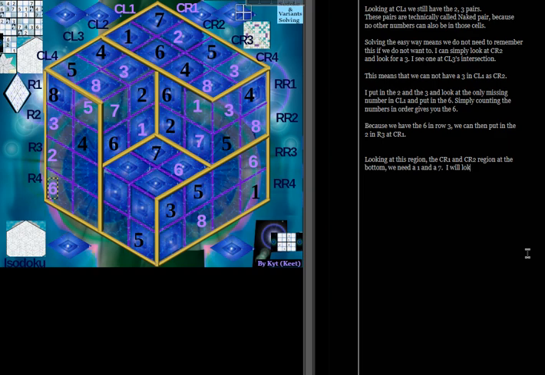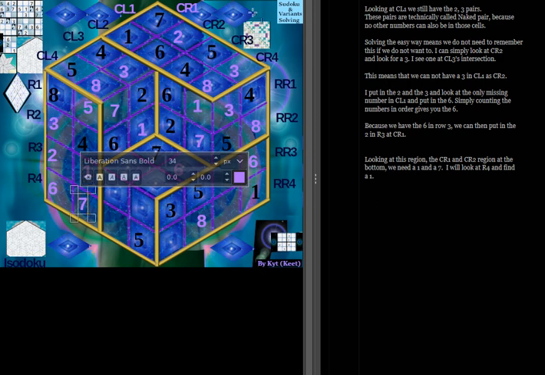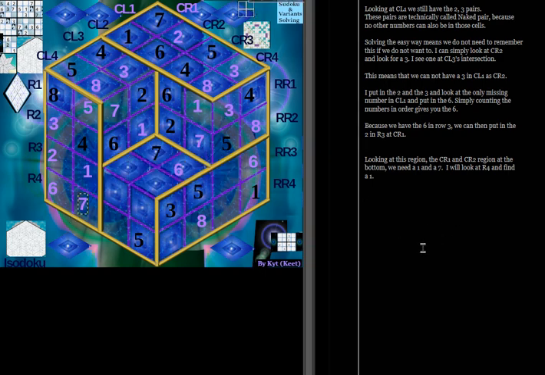I will look at row 4 and find a 1. I can't put a 1 in row 4 because it already has a 1. So I put the 1 in row 3 instead and put the 7 in row 4.